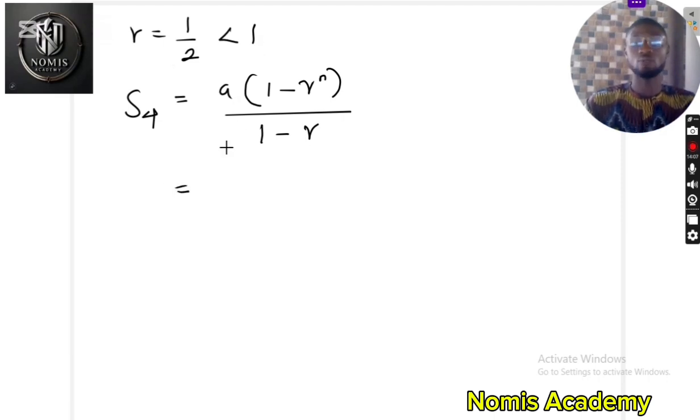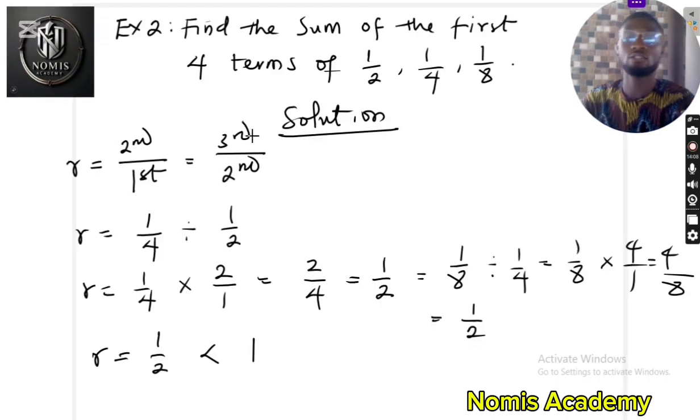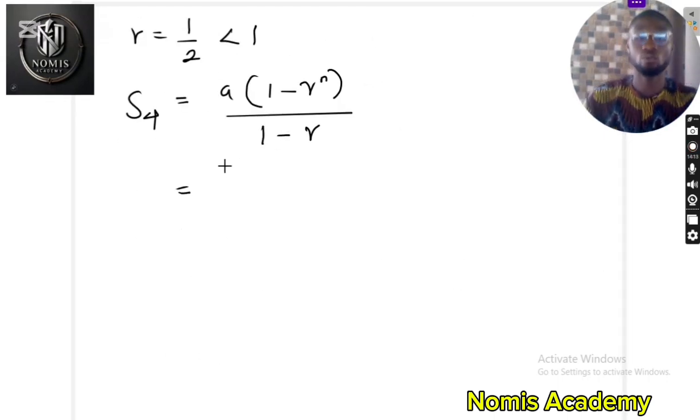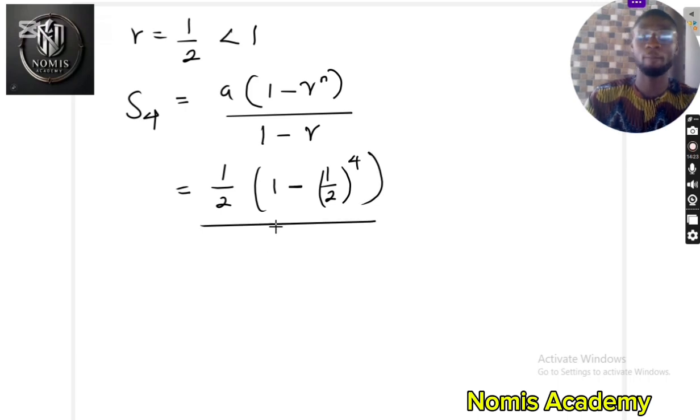So this becomes our first term. What is our first term? Our first term is 1 over 2. So this will be 1 over 2, open bracket, 1 minus, now our common ratio is 1 all over 2, in bracket, the n term, that is 4, close bracket, all over 1 minus the common ratio, 1 all over 2.